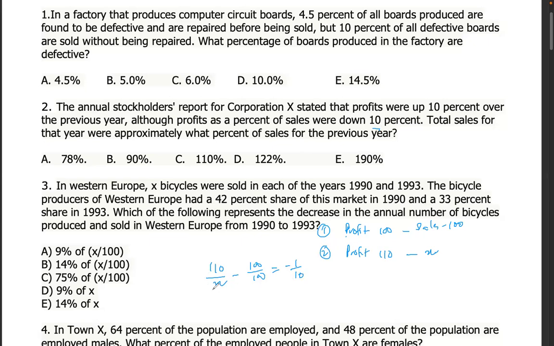Now solve this, get the value of X. And then you can calculate how much sales is increased from previous year. So you'll get the percentage because previous year's sale is 100 only. Okay, so this will give you answer. Understood?